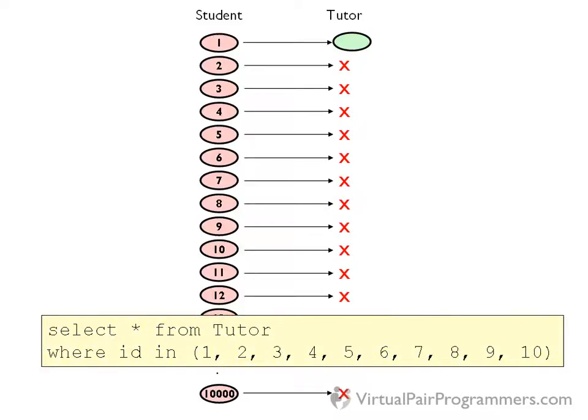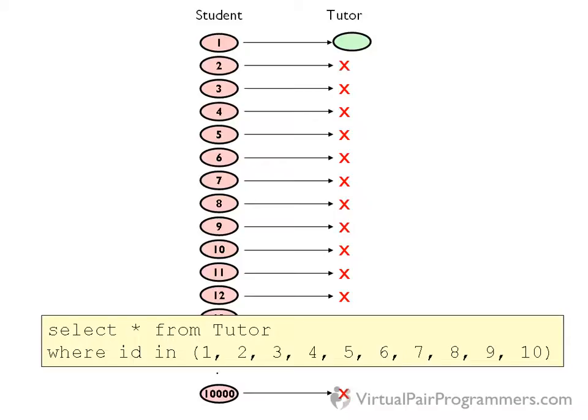It's doing a select from tutor, but not where the ID is equal to 1. You can see it's including 10 IDs in the where clause. Those IDs, by the way, are the IDs of the tutors. Now, Hibernate knows the IDs of the tutors because they are the foreign key references in the student table.